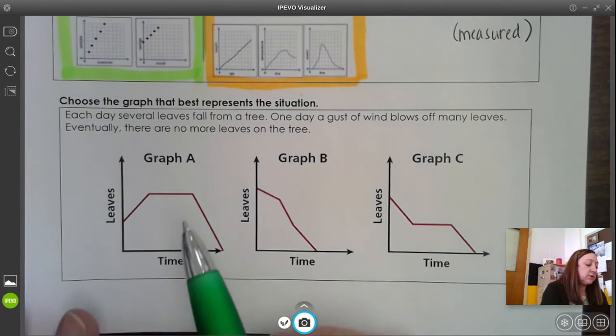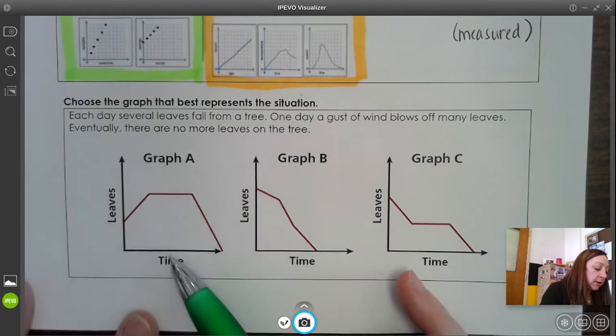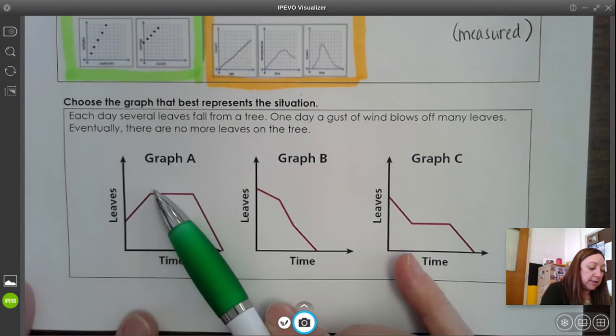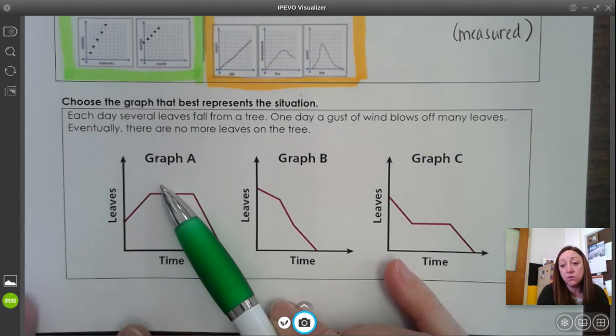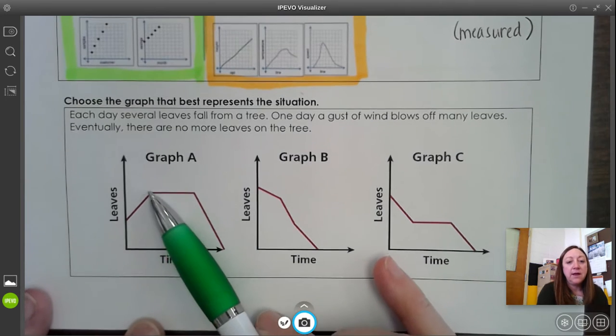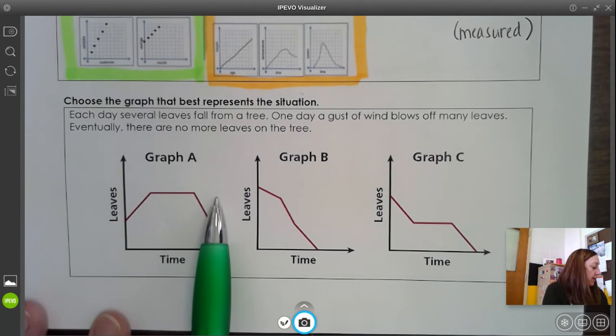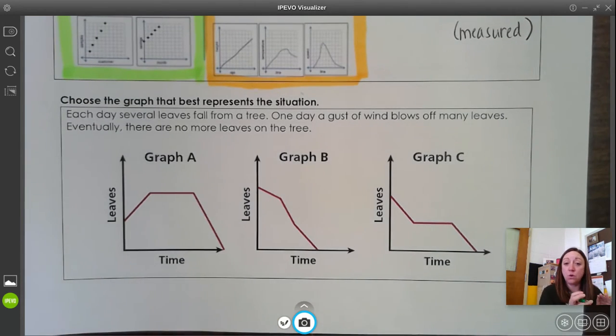All right, so leaves over time, you're going to see here, this one is showing an increase, okay? As it's going up, that's an increase in the number of leaves. And then horizontal line always means no change.